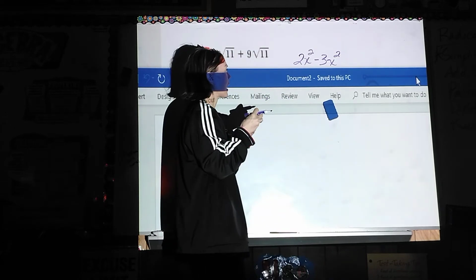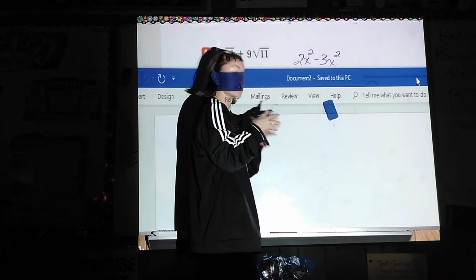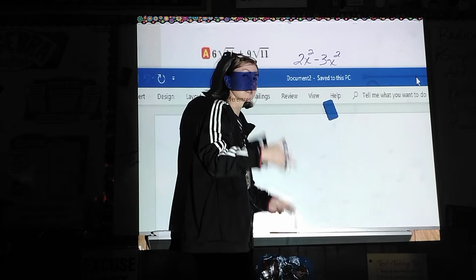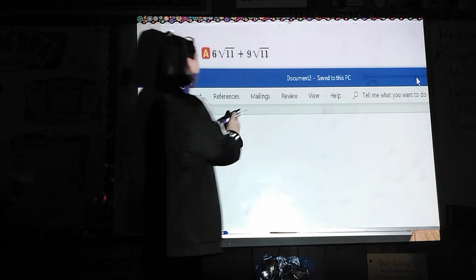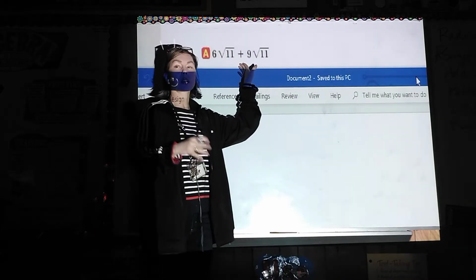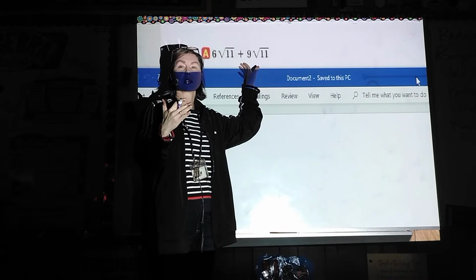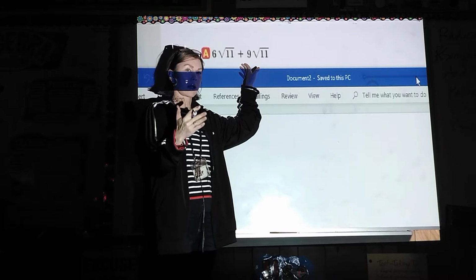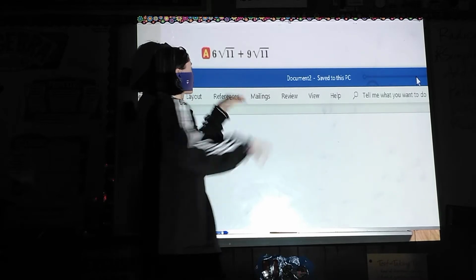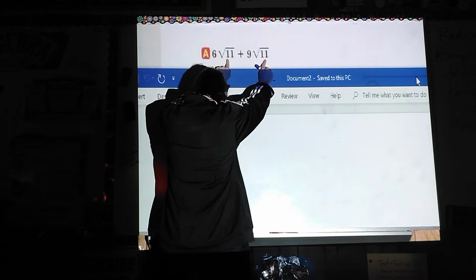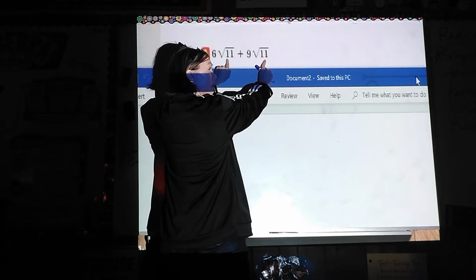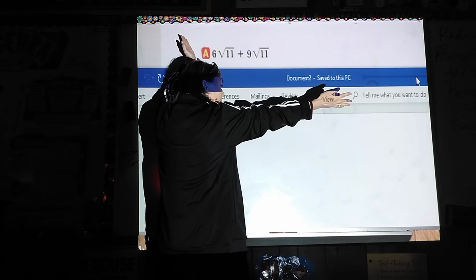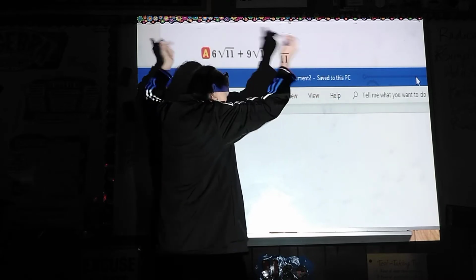It is exactly the same case with radicals. When you are adding, subtracting, or basically combining radicals, the radicals have to be exactly the same, or you cannot add or subtract them.